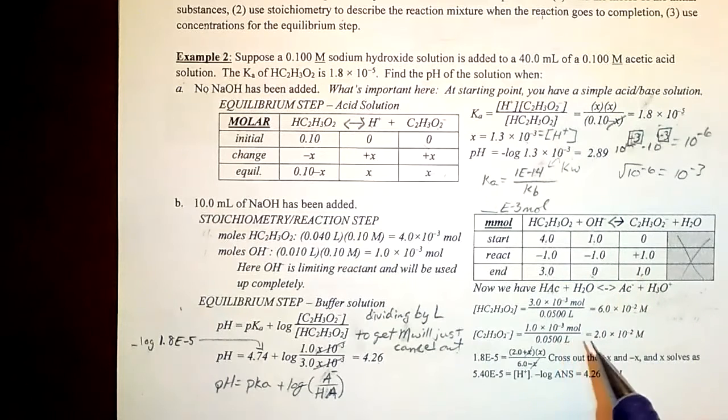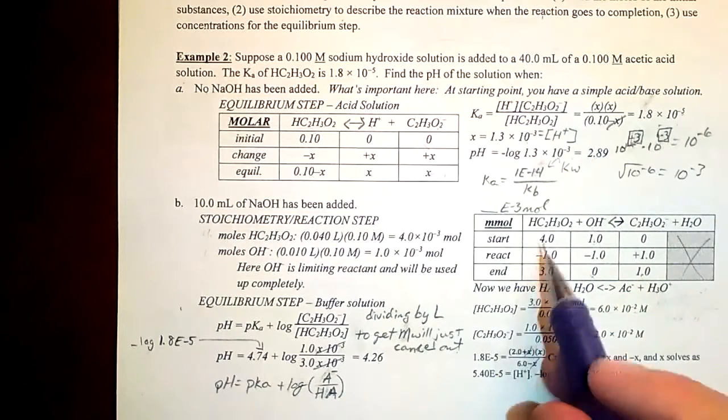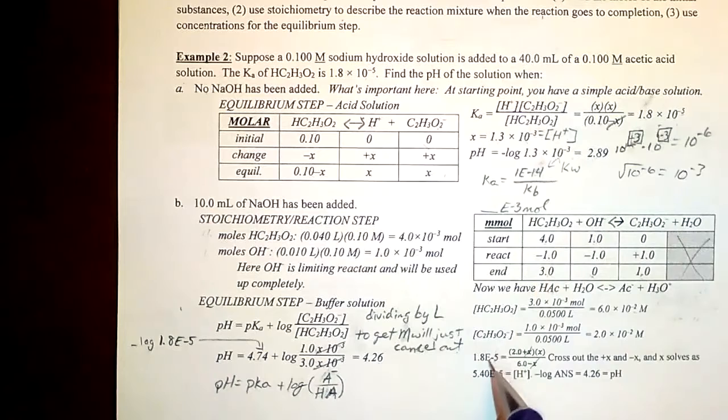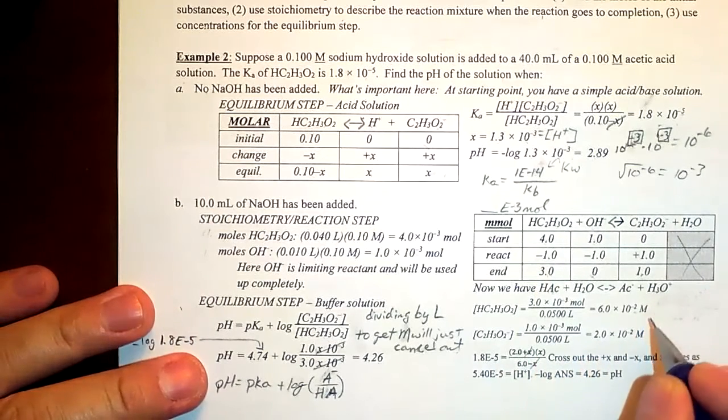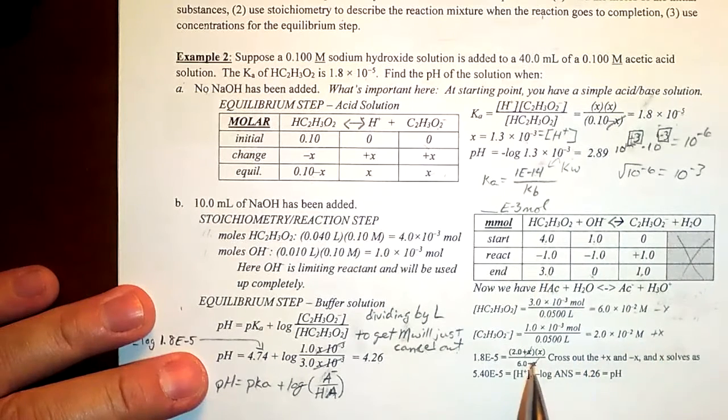So K will be equal, Ka, because this is an acid reaction, Ka will be equal to products over reactants to the power of the number in front, except remember, this is going to be losing some amount. This is going to be gaining some amount, and that's where I got these.